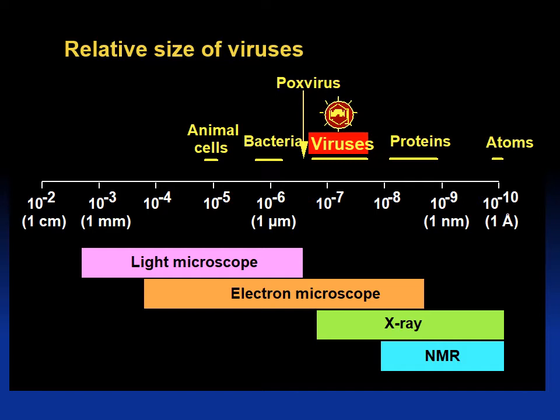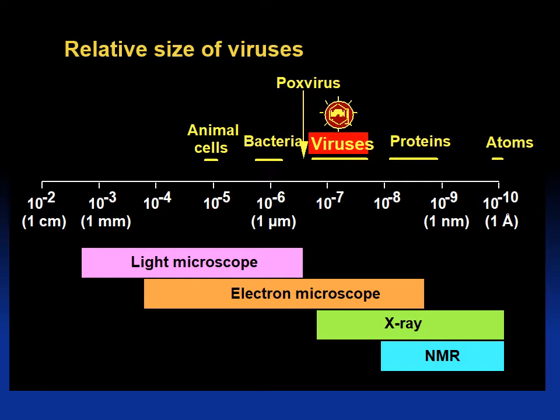And as you can see, viruses usually fall in the category of 10 to the minus 7. This is usually even less than 1 micron, while bacteria tend to be within the range of 10 to the minus 6, or 1 micron. Now, as you can see below the ruler, there are different methods of trying to see those different agents.